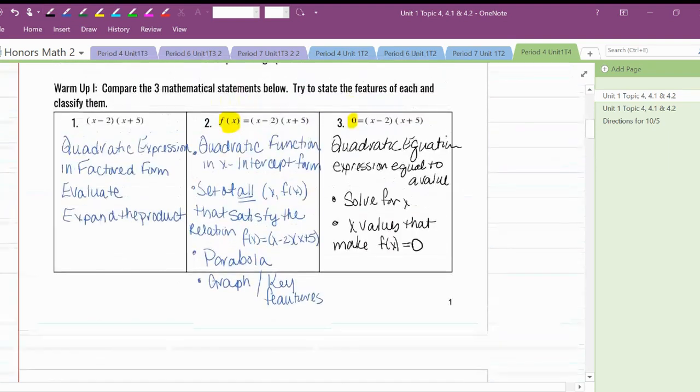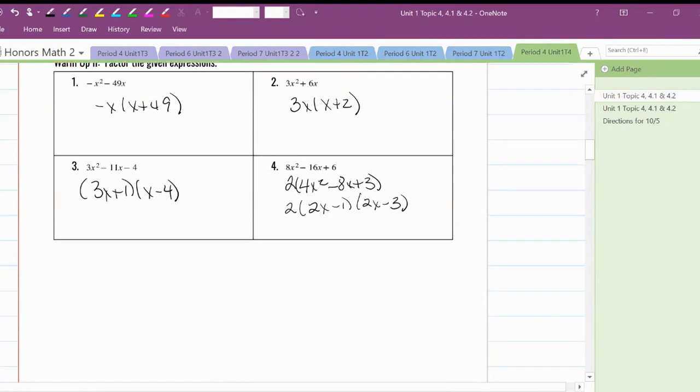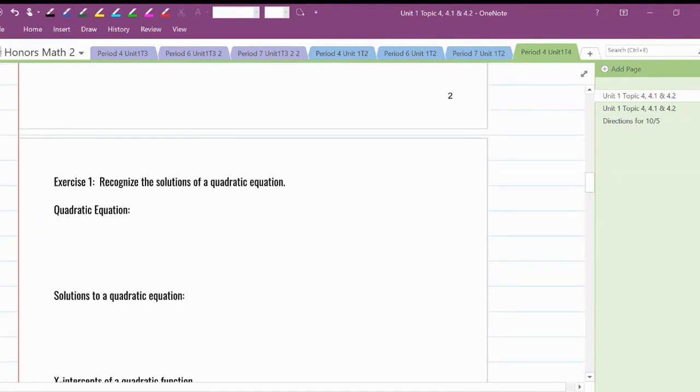All right, if there are any questions on those factors, you need to ask them now because that's going to be part of our lesson today, factoring to uncover solutions.